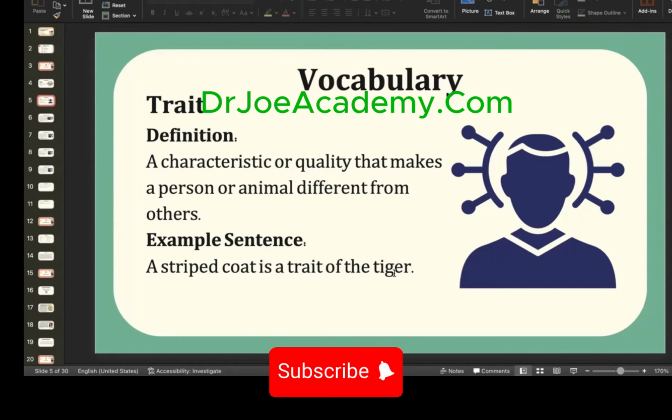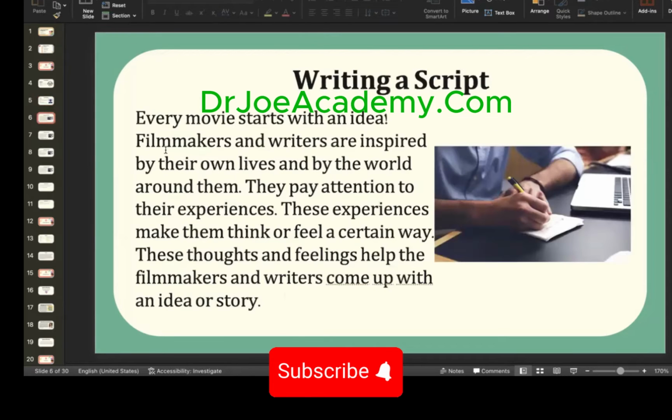What makes the tiger different? It's a coat. Right, it has a striped coat, so it has stripes on its fur. Does that make sense, Jack? Yes. Good, awesome. So let's start reading.